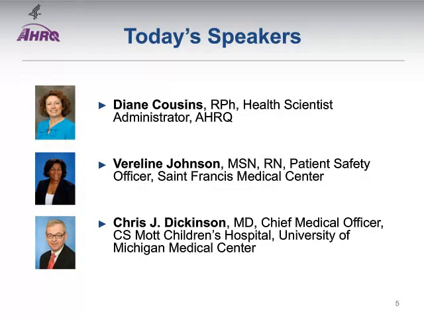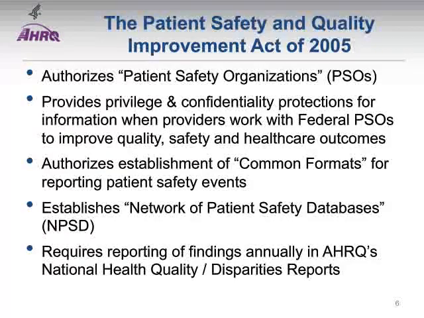First slide, please. The Patient Safety and Quality Improvement Act was signed into law on July 29th of 2005, and the final rule became effective in 2009. The Act authorized the creation of entities called Patient Safety Organizations, or PSOs.